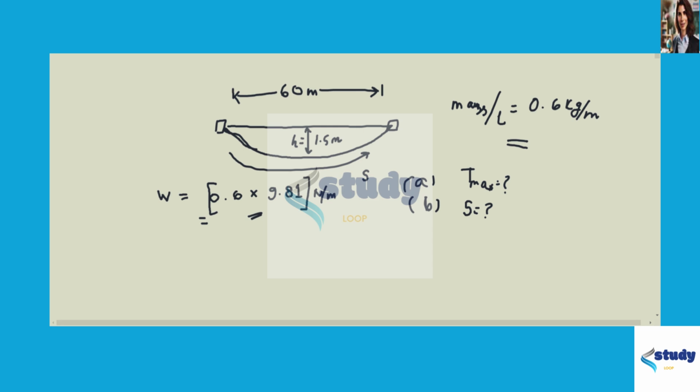Whenever we are given a cable like this, we first draw the x and y coordinates, and we make the origin the lowest point of the cable. So this is x and this is y. This point is the origin, 0, 0. We consider that the tension in the lowest part of the cable is T naught.